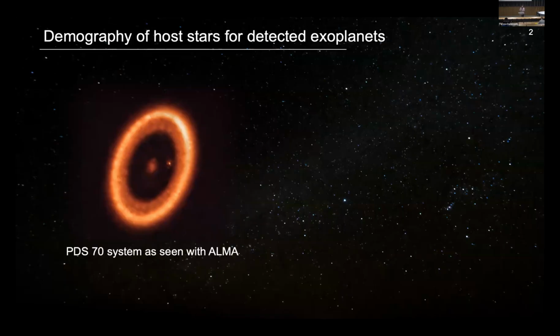So let's start with some planets. Traditionally, planets, including those in our solar system, are discovered orbiting young stars. Most exoplanets identified so far are thought to have formed during the early stages of their host star's life.